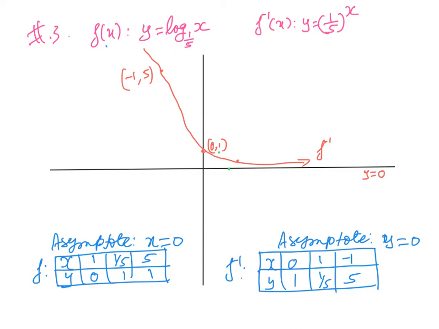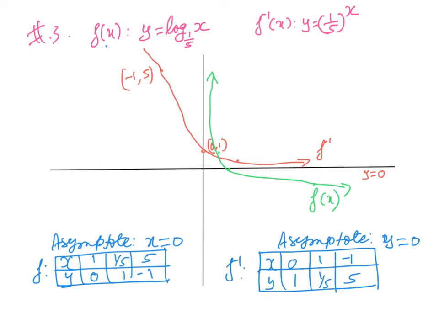So sorry, this here is negative 1. So 5 will be negative 1. Which color am I using? Green color. So 5 will be negative 1. So the graph is going to be like this. This is my graph for f of x.